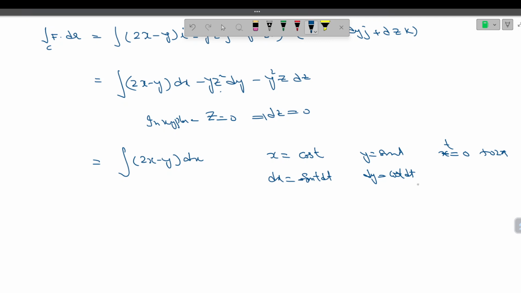Now we are changing dx to dt, x to t. So t from 0 to 2 pi, 2x, what is our x? Cos t, minus y, what is our y? Sin t, and dx is minus sin t dt.